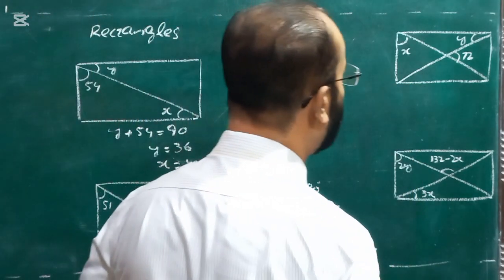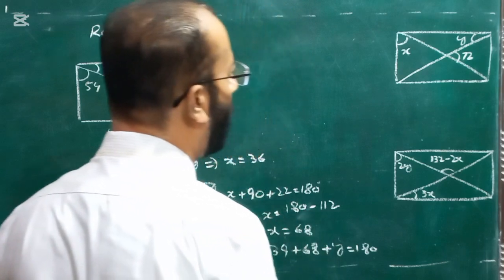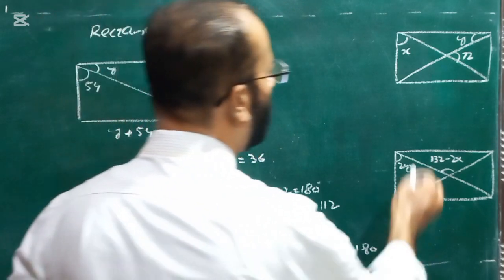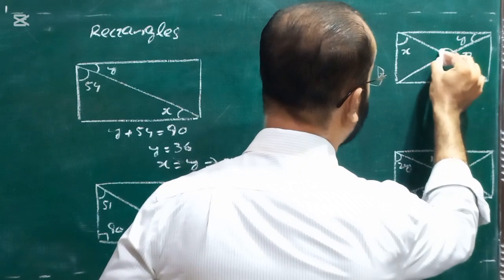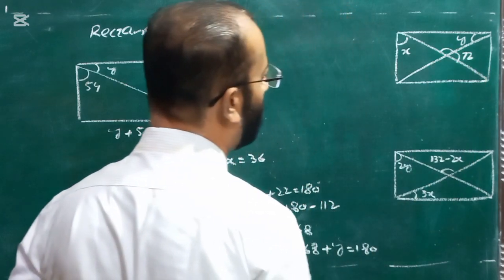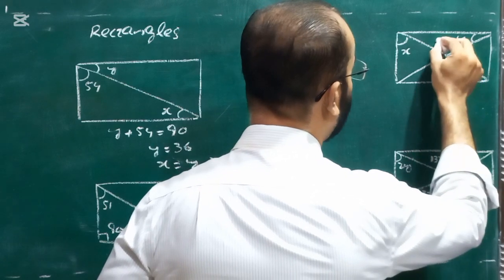Okay, if you come into this figure, again, x and y are the missing values. So if you come to this straight line, the sum of the angles of a straight line is 180 degrees. So this will be 108.